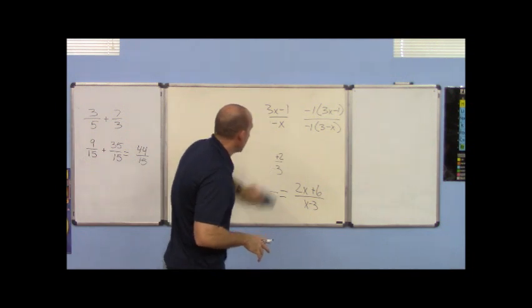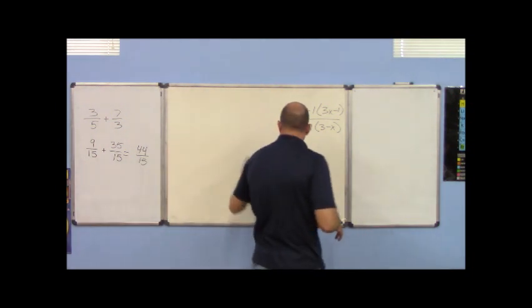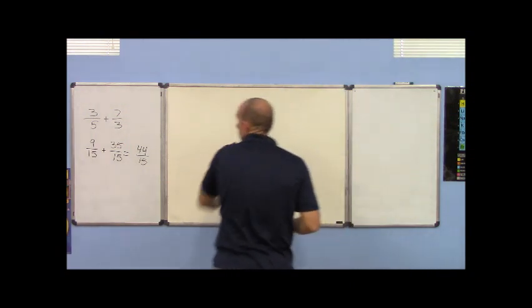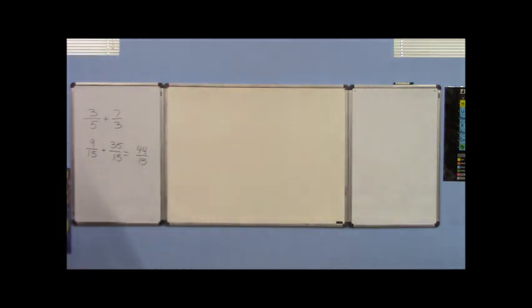Now, with that being said, in that situation, we only had to change one of the fractions. There are times that you are going to have to change both of the bottom numbers.